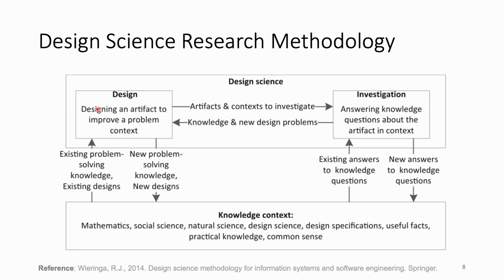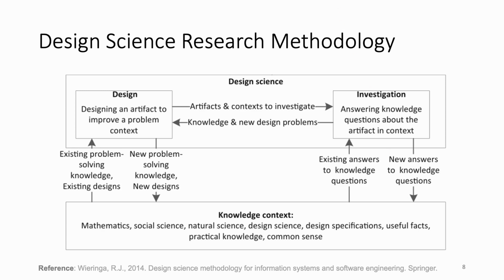Maybe you add something more, and then you go back and evaluate again whether this actually solves the problem. So at the end, the design science research methodology is a cycle that starts with understanding the problem via the knowledge context. You start with the knowledge base, the body of knowledge, and then you find some existing problems, you design a tool or a technique, you evaluate it, and then you share the results of the evaluation with the community.